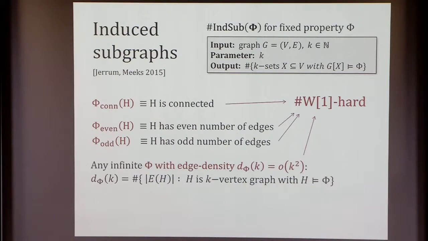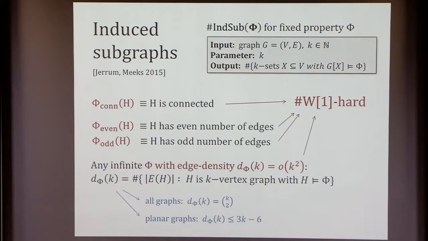And the edge density of a property is defined as follows. The density of phi for a number k is the number of different edge numbers that you can get by looking at all k-vertex graphs that satisfy your property. So for instance, if you look at all graphs, then this edge density would not be subquadratic.